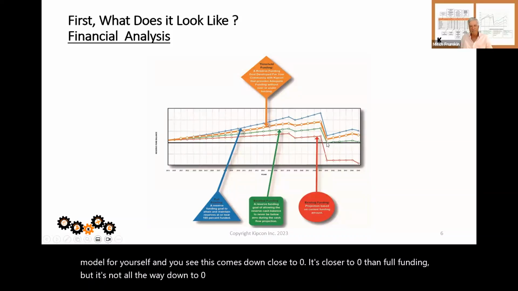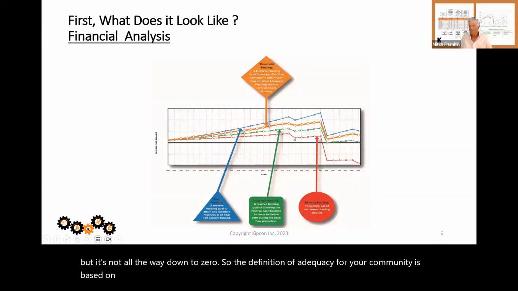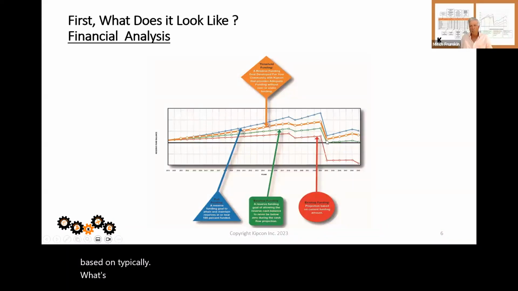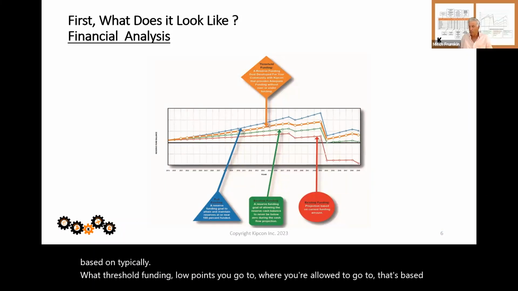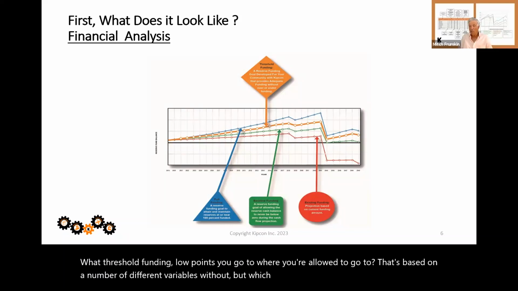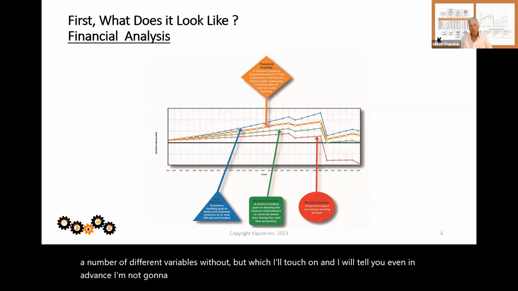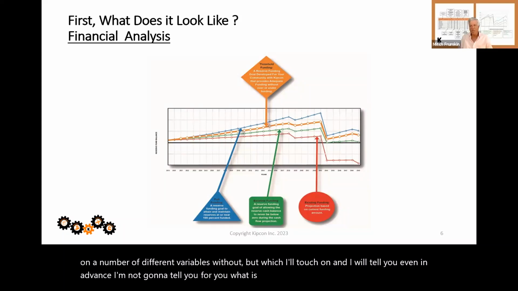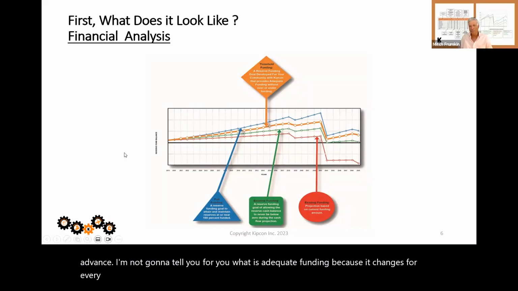So the definition of adequacy for your community is based on typically what threshold funding low point you go to or you're allowed to go to. That's based on a number of different variables, which I'll touch on. And I will tell you, even in advance, I'm not going to tell you what is adequate funding for you, because it changes for every association based on risk factors and a number of other things, which I'll touch on.